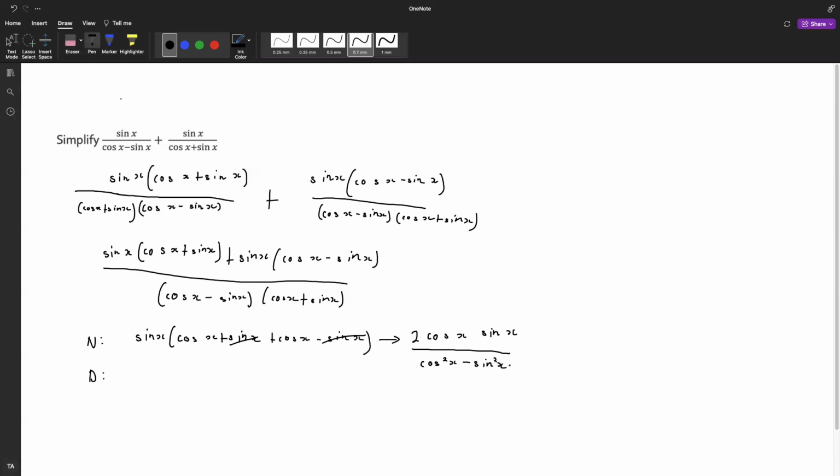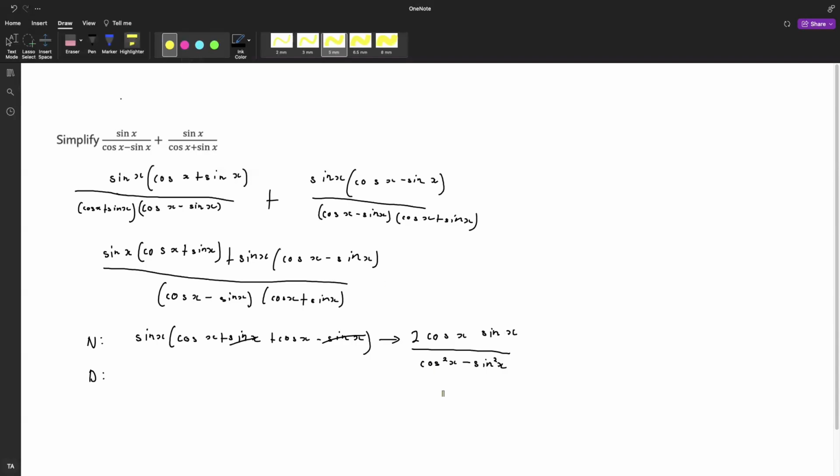Okay, now there's not much we can do to the numerator for now as such, 2 cos x sine x. But what we can do is we can definitely have a look at this denominator, right?